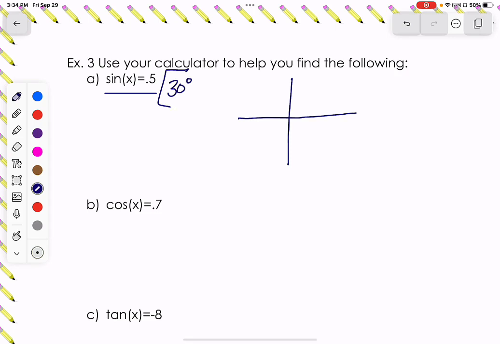That, of course, is one answer, because it's between 0 and 360 degrees. The other answer would be this angle here, which is 30 degrees from the horizontal, and that's going to be 180 minus 30, which equals 150 degrees. So those are our two answers.